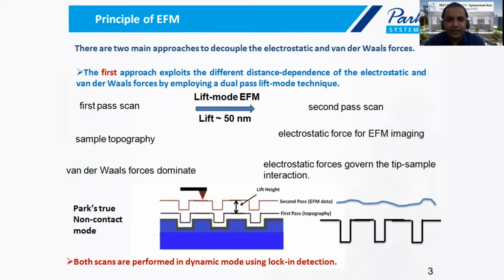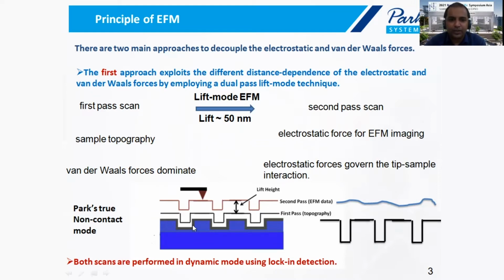The tip is then lifted, let's say, 50 nanometers or so away from the sample surface, where the van der Waals forces are negligible. A second pass is then performed along the same topography lines to detect the electric properties of the sample surface at every point along the sample.